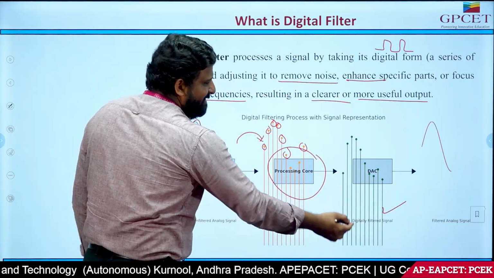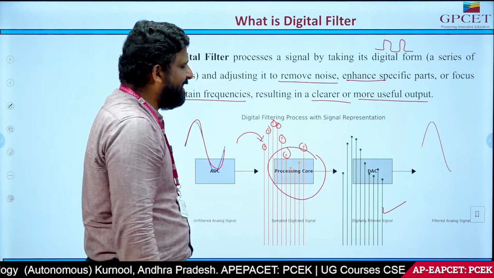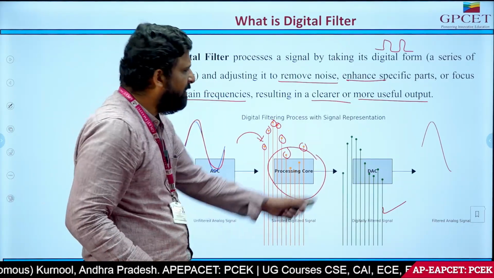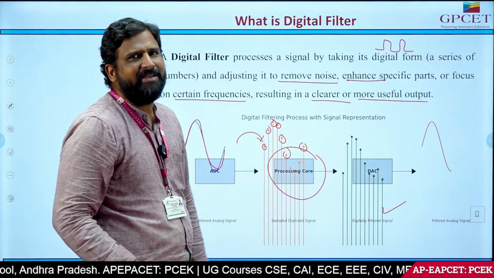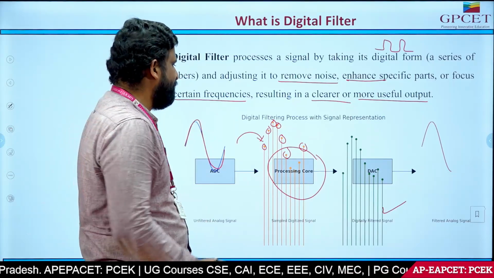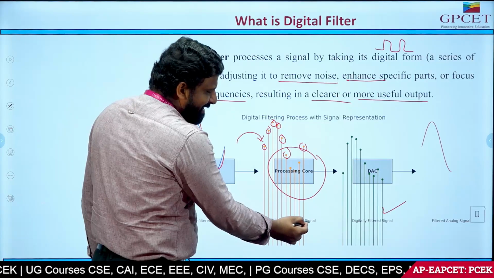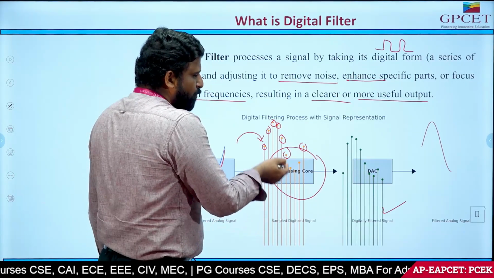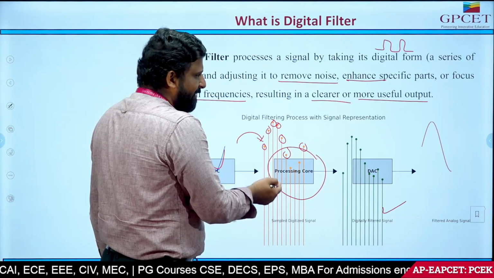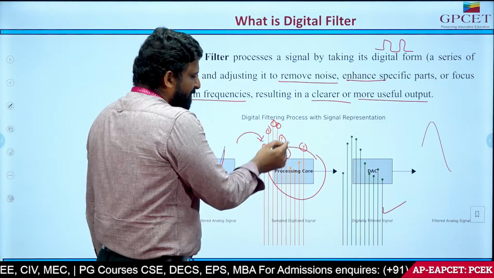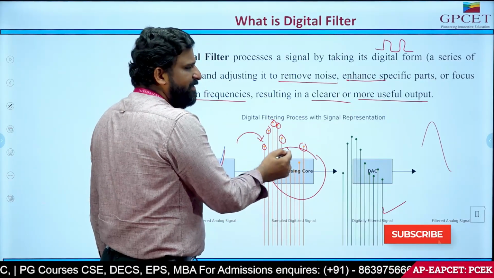So this green signal is said to be a digitalized filtered signal. After filtering we get the exact digitalized filtered signal. Here the orange signal is nothing but the sampled digitalized signal. Sampling means both sampling and quantization have been done here. While doing that process, this signal will be affected with some noise.